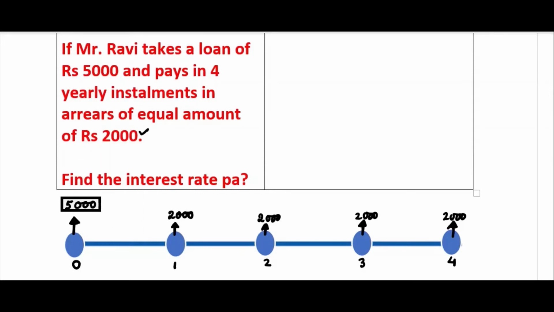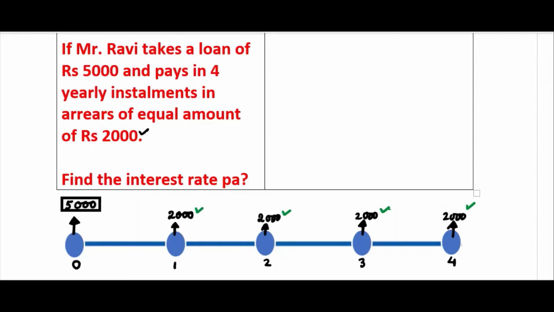If you see the number line here, 5,000 is the loan I've taken and I have to pay in 4 installments, 2,000 each. So what will happen? The present value of these 4 payments should be equal to 5,000. So 2,000 v squared, this way you can write.